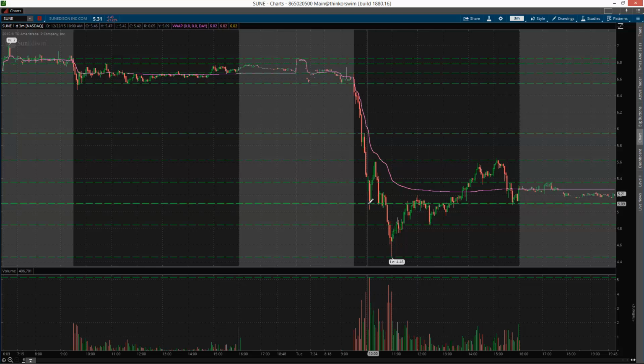So 5.10 should be a key pivot point moving forward, whether this thing stays above and keeps grinding higher, or cracks and makes a move back down to 4.80 and possibly back down to the lows at 4.46. Now, SUNE obviously had a very, very large range today.